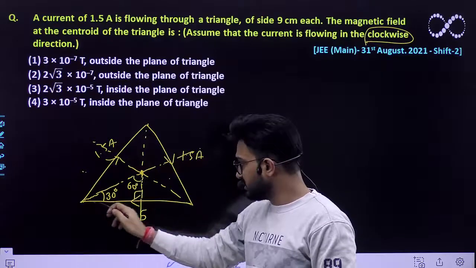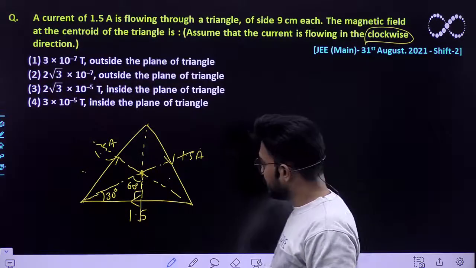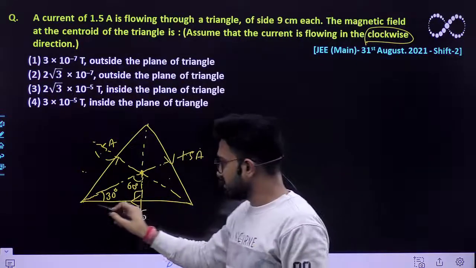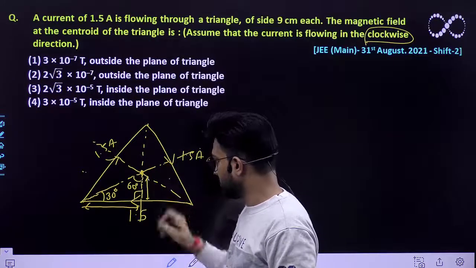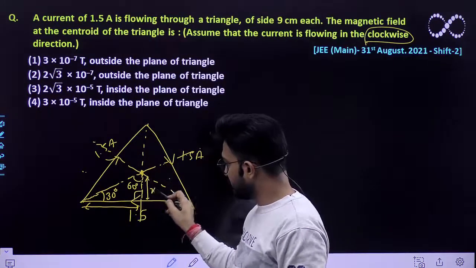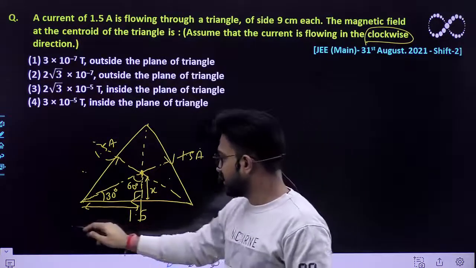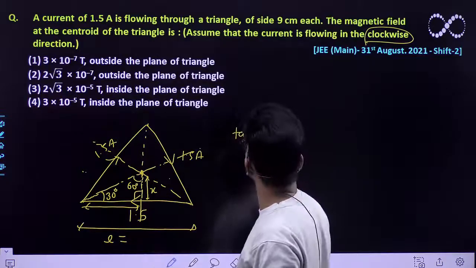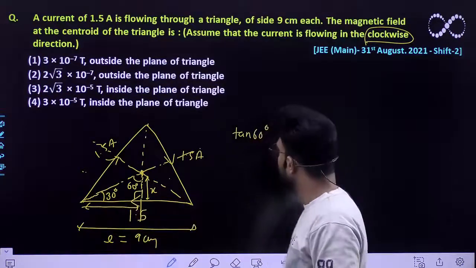We know in this particular triangle this angle is 60 degrees, and tan 60 degrees is given by this distance divided by this distance, don't you think? Let this distance be x. What about this other distance? The individual length of this wire is L, which is nothing but 9 centimeter, so this distance would be L by 2.